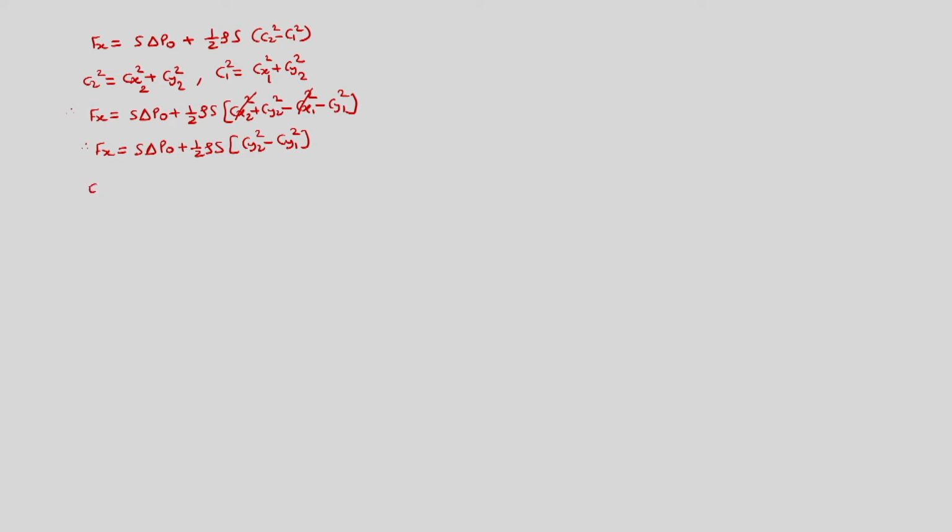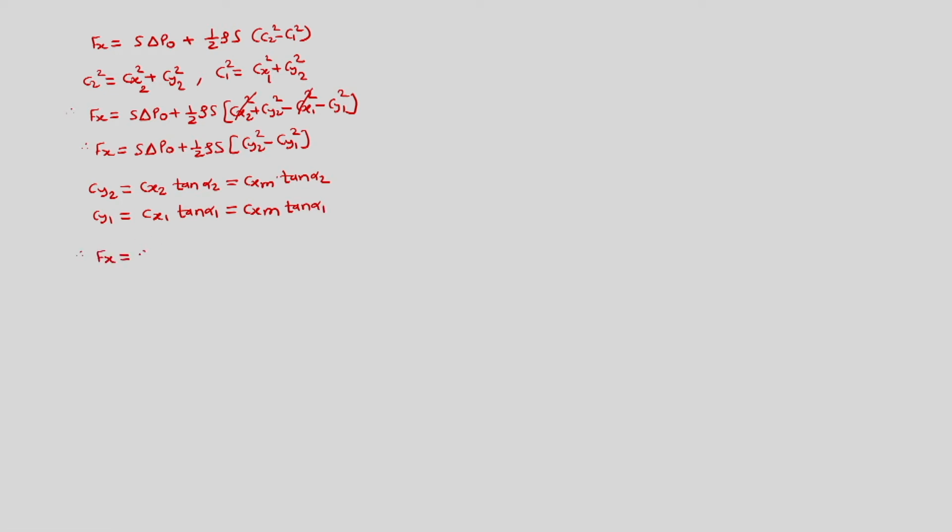But from the velocity triangle we can write Cy2 is equal to Cx2 into tan of alpha 2, which is equal to Cxm into tan of alpha 2. Similarly, Cy1 is equal to Cx1 tan alpha 1, which is equal to Cxm tan of alpha 1.